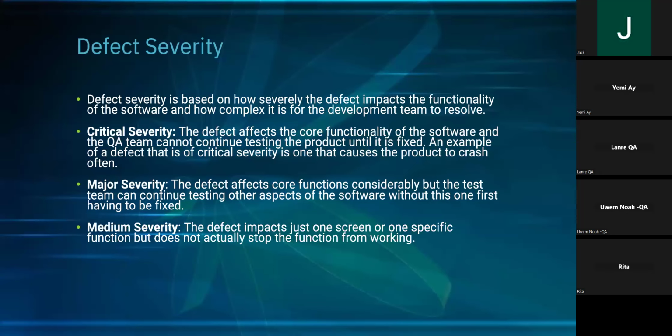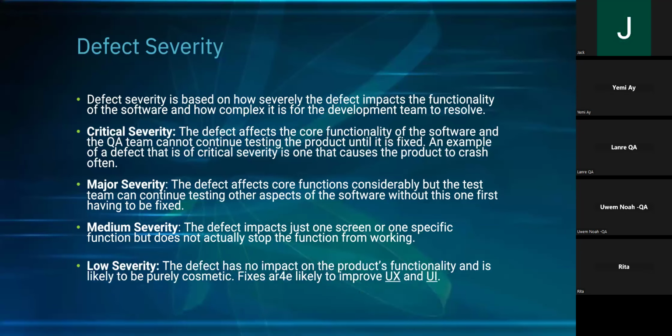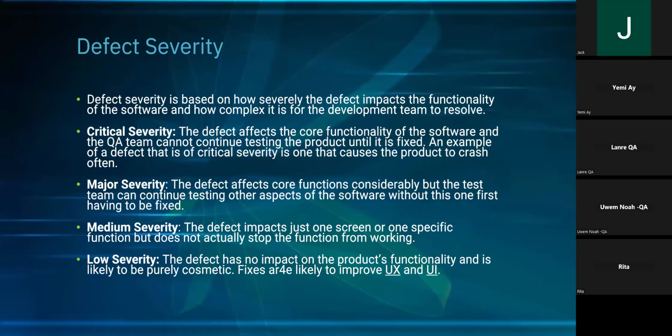Medium severity: this defect impacts just one screen or one specific function, but does not actually stop the function from working. Low severity: the defect has no impact on the product's functionality and is likely to be purely cosmetic.